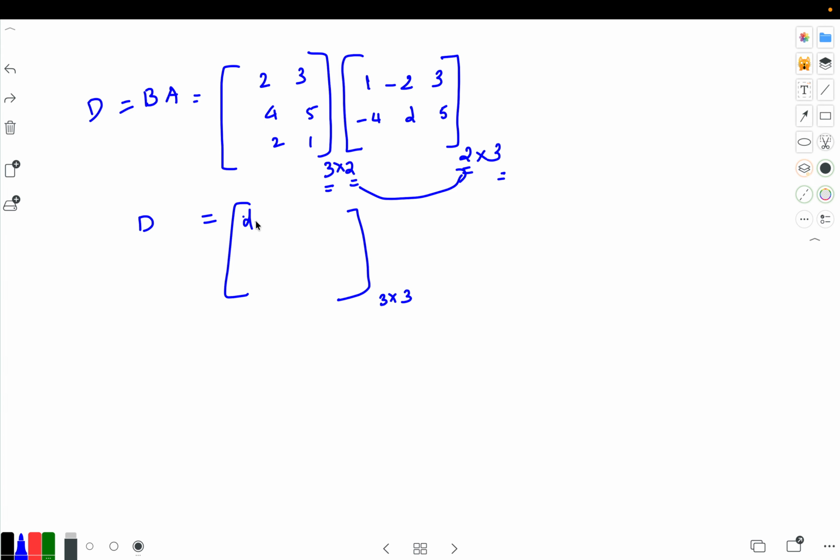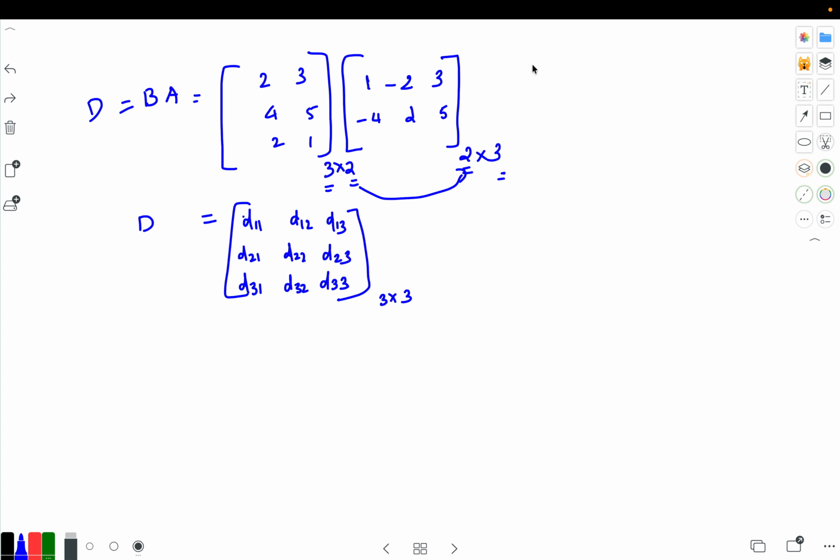That is D11, D12, D13, then D21, D22, D23, then D31, D32, D33. Next we have to find the values of these.